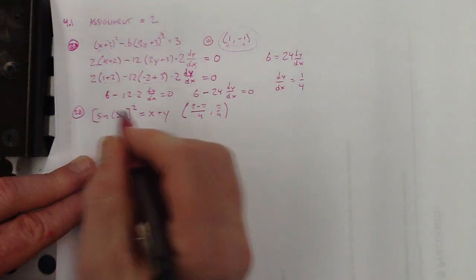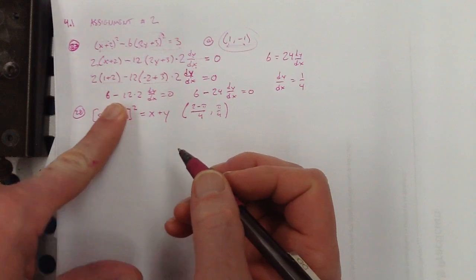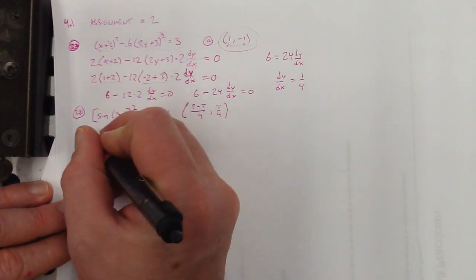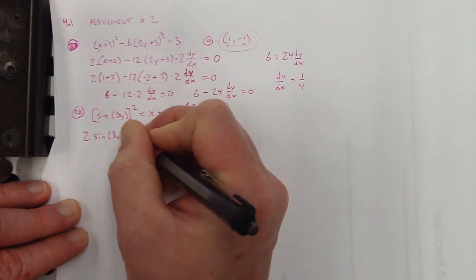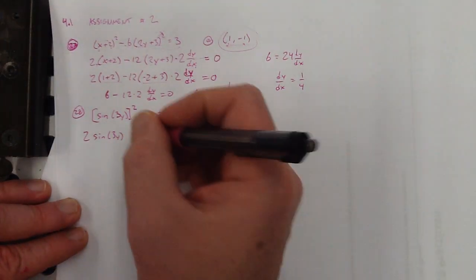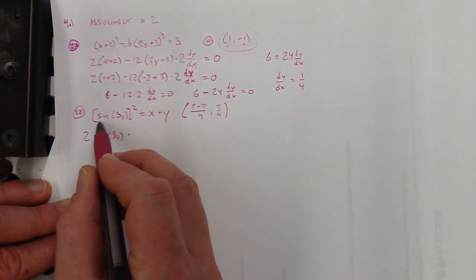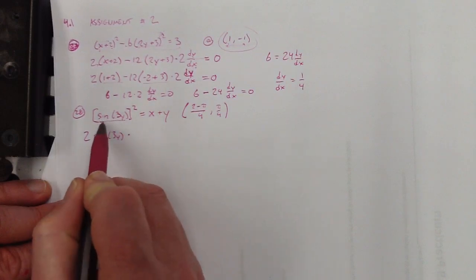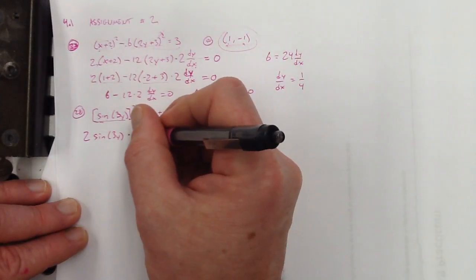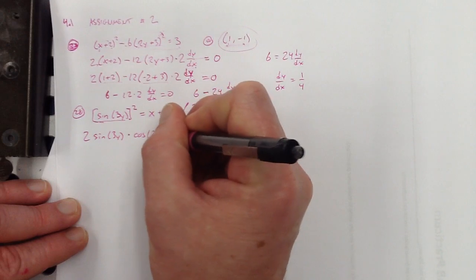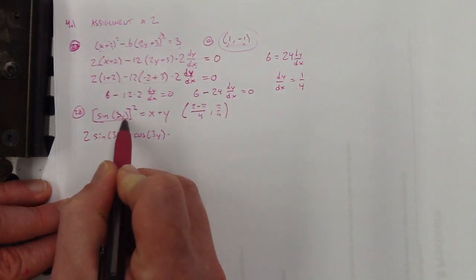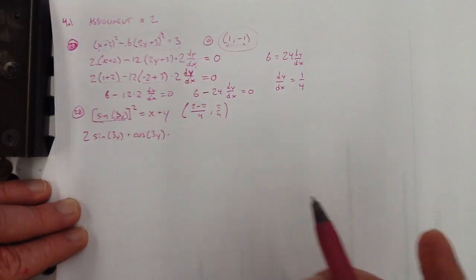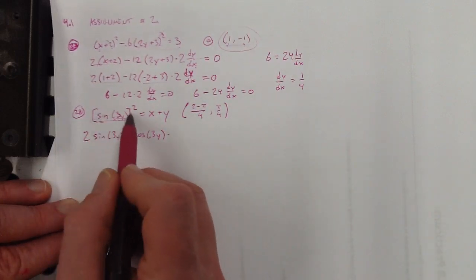Let's see what we get. Derivative of something squared is 2 times that something to the first times the derivative of what's inside. The derivative of sine of whatever is cosine of whatever. And the derivative of what's inside that, because there's another layer. It's like the Russian dolls, right? There's 2 layers.